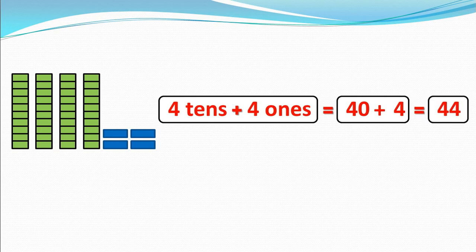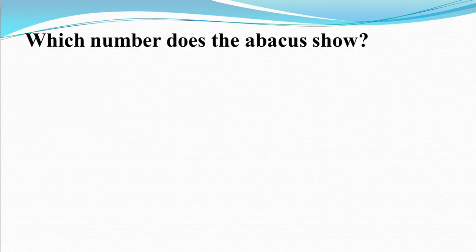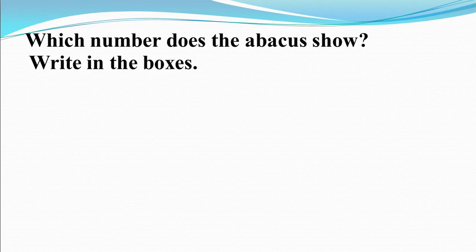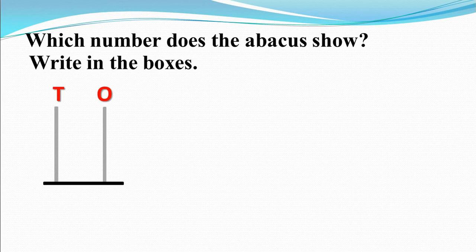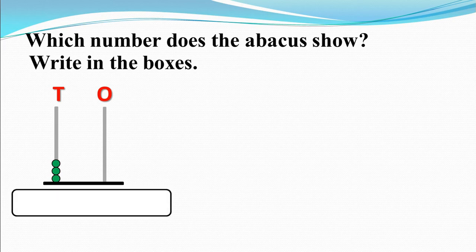Now here is another question: which number does the abacus show? Write in the boxes. Look, here is an abacus. Tens rod has 1, 2, 3 beads, which means 3 tens.